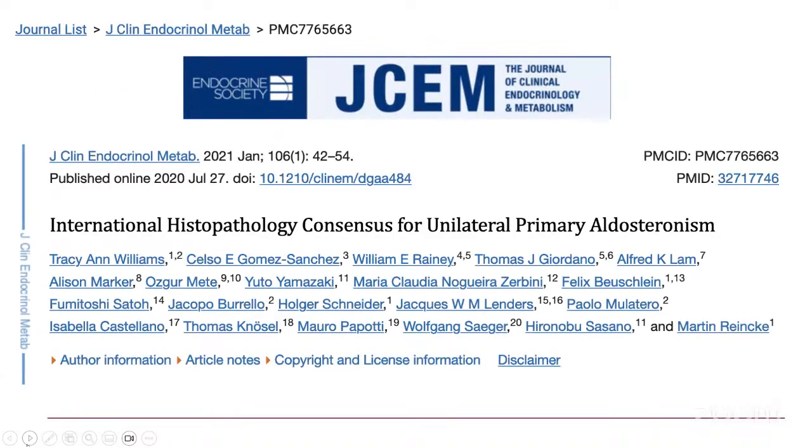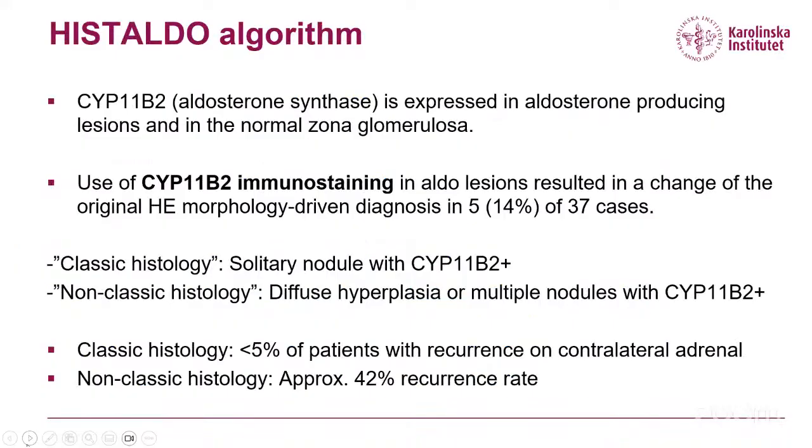So functional immunohistochemistry: basically several papers led to the publication in JCM a few years back of a consensus statement in which several authors studied a cohort of primary aldosteronism cases. What they did was they stained several adrenals for CYP11B2, which is also known as aldosterone synthase, and it's expressed in aldosterone-producing lesions and also in some areas of the normal zona glomerulosa.